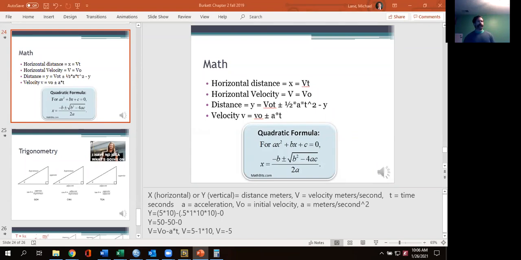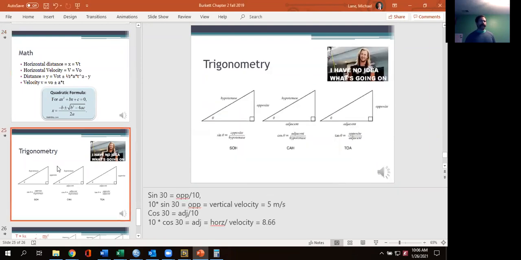Okay, so I just put it up in the chat. There's 21 of you today, so we're going to put you in groups of 5 so you have bigger numbers to work with. First thing you're going to have to do is the trig for figuring out the horizontal and the vertical velocities. Then you're not going to do how far it will travel before it hits the ground first.